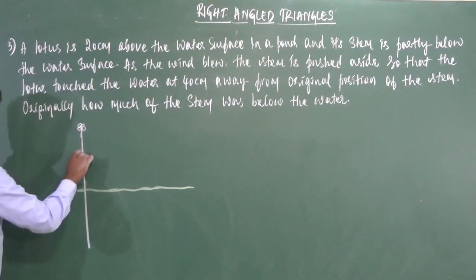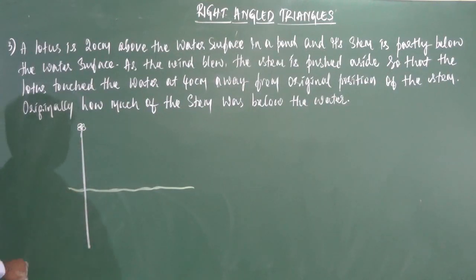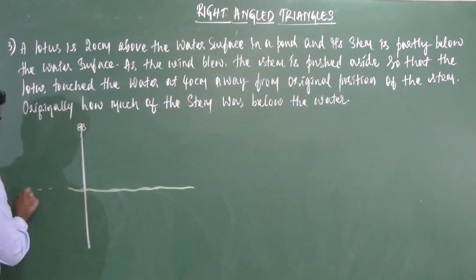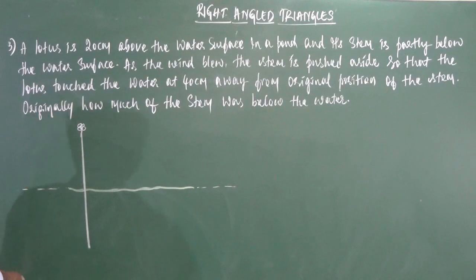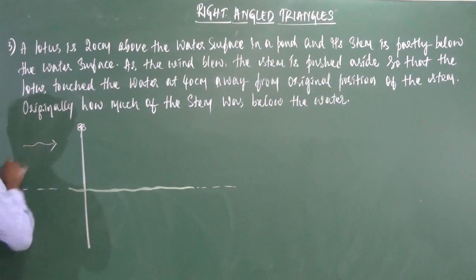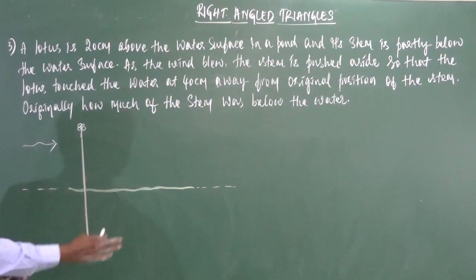So the part of the stem is above the surface of the water and a part of the stem is below the surface of the water. This is the water surface we have to consider. Okay. As the wind blew, let us imagine the wind is blowing in this direction, the stem is pushed aside.